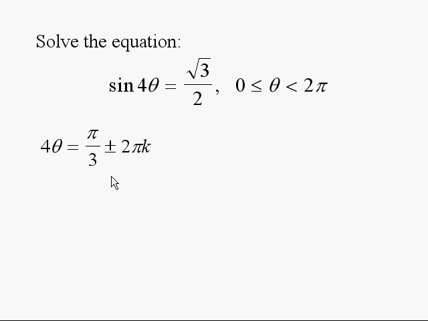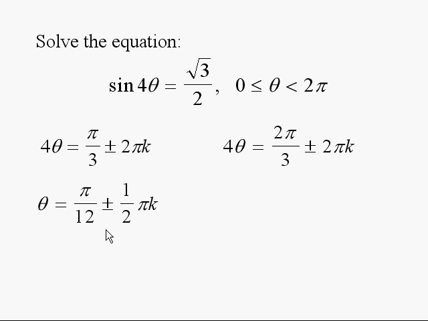So that's where we should look. So 4 theta is pi over 3 plus 2 pi times k, or 2 pi over 3 plus 2 pi times k. Either an angle in quadrant 1 is the reference angle, or an angle in quadrant 2.